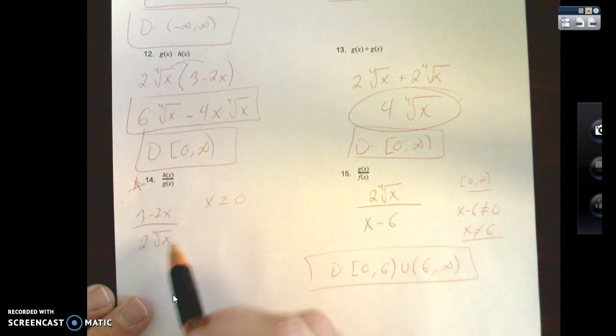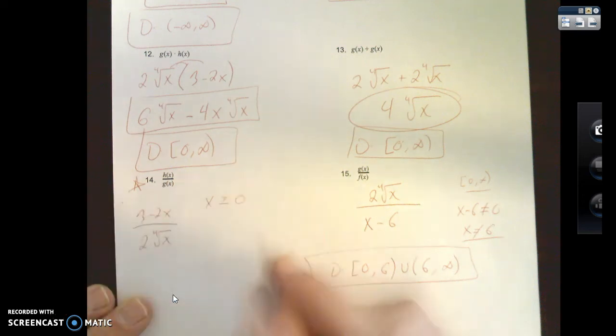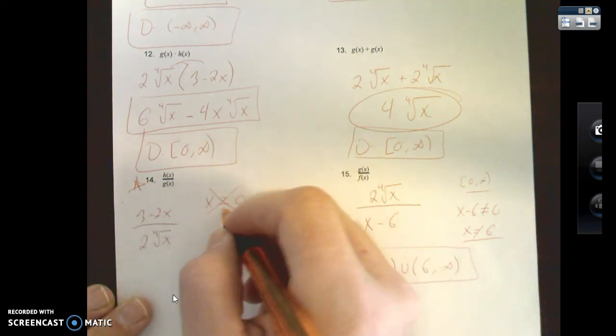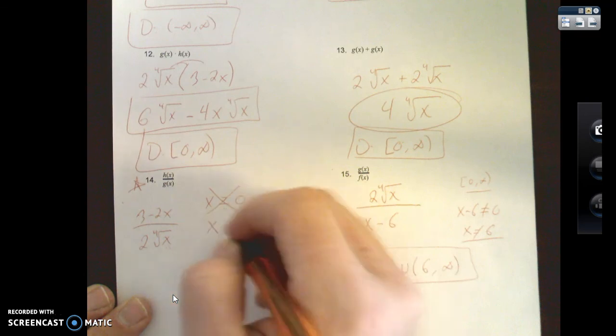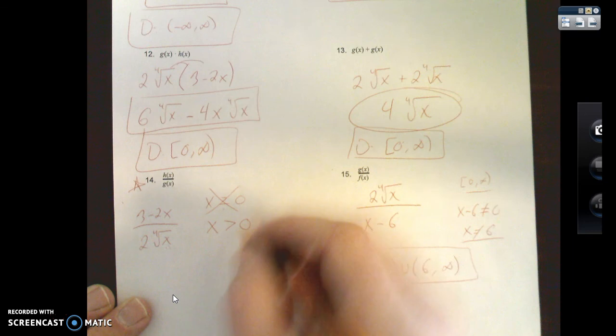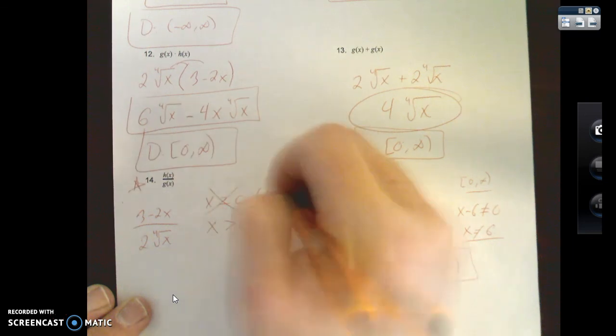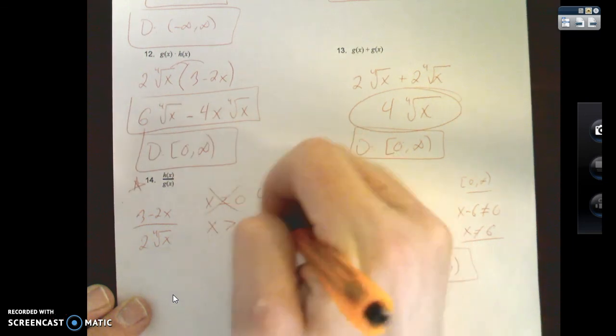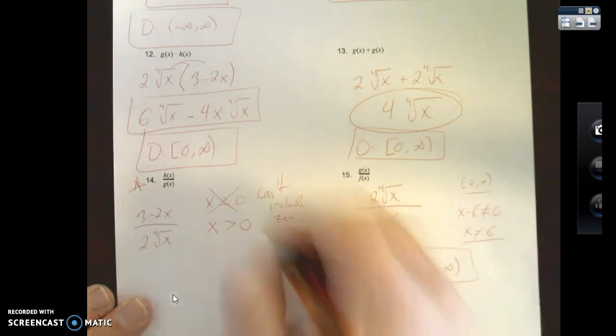But where is that even powered root? It's in my denominator. Can that equal 0? No. So instead of saying x is greater than or equal to 0, we have to say x is greater than 0. Doesn't seem like a big difference, but you can't include 0 here, okay, in the denominator.